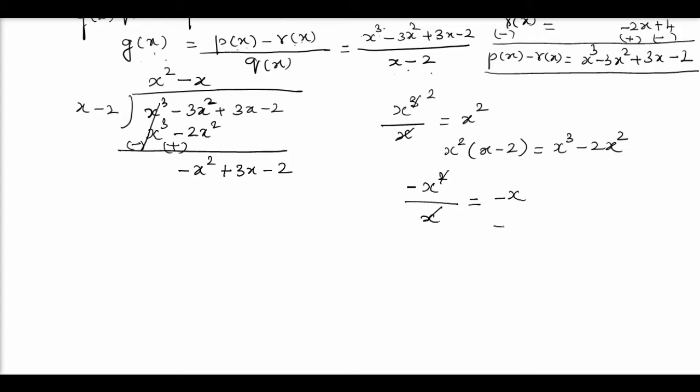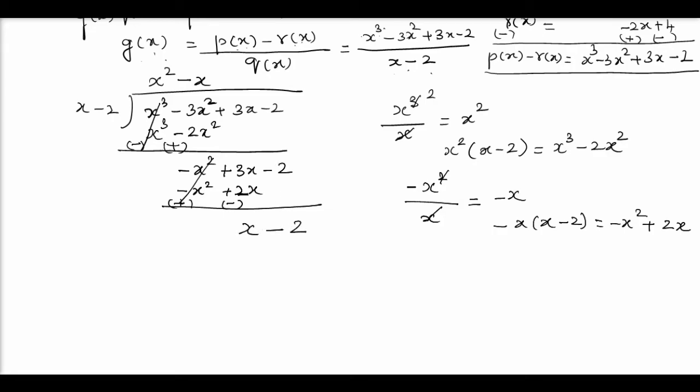Okay, now let me multiply this minus x with the divisor so that I get minus x square plus 2x. So minus x square plus 2x, let me subtract it from the dividend. So when I subtract, change the sign and we get 3x minus 2x is x and then the remaining term minus 2.